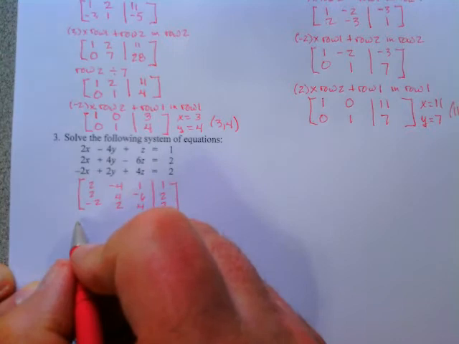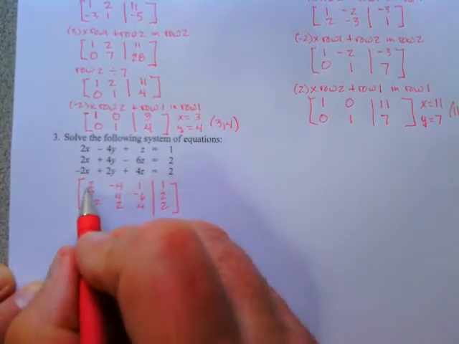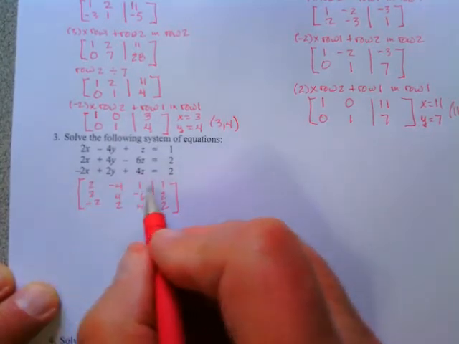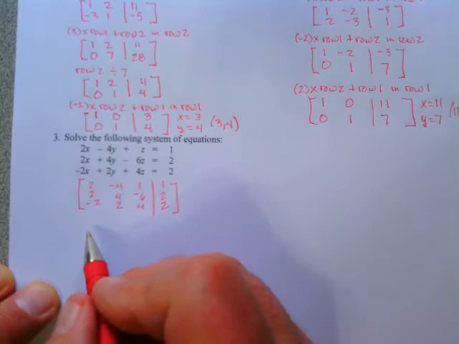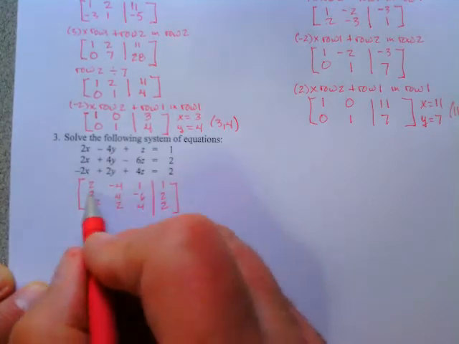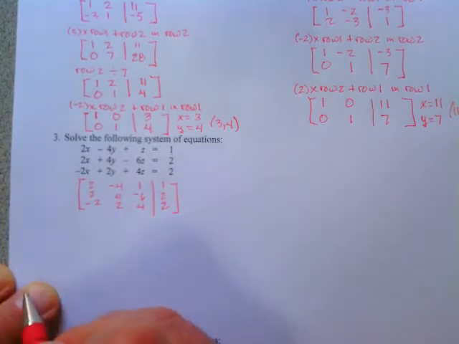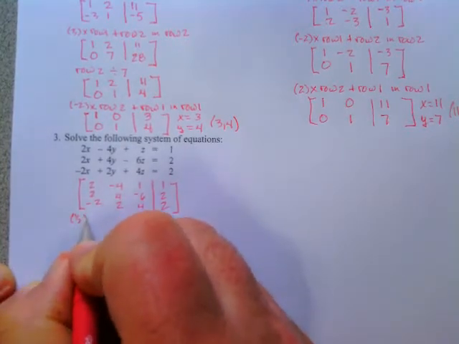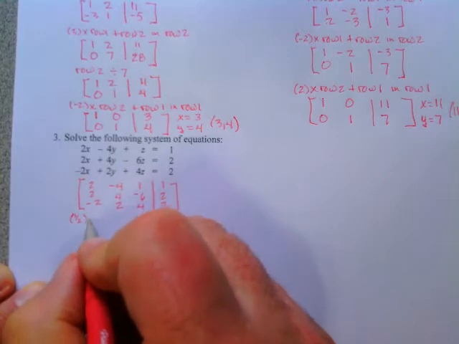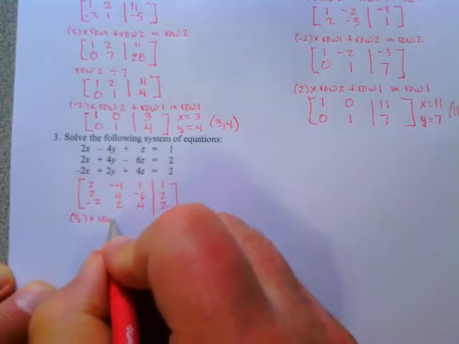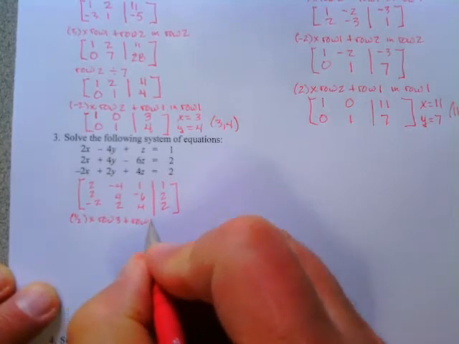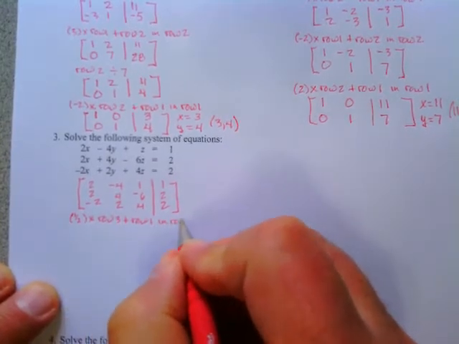Again, I could just say, hey, divide everybody here by 2, but that would give me halves for these two parts. I try to avoid that. However, I notice that everything in row 3 is an even number, so I'm going to take half times row 3, add it to row 1, and put that in row 1.